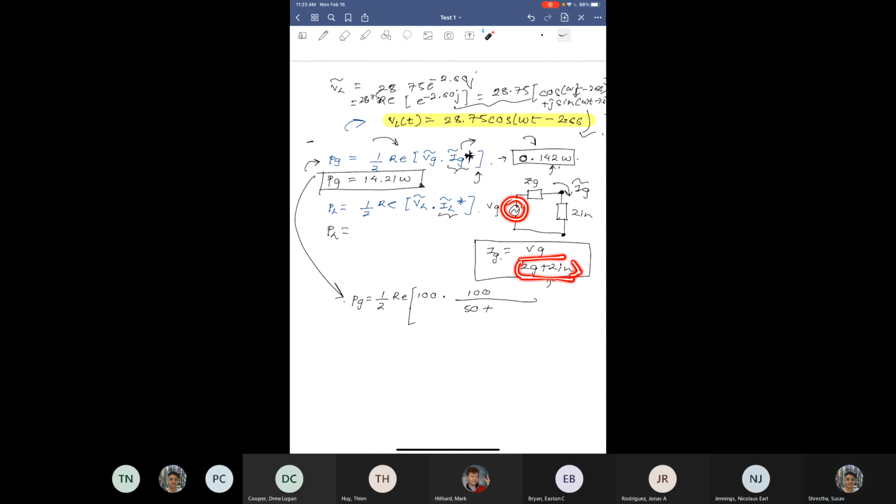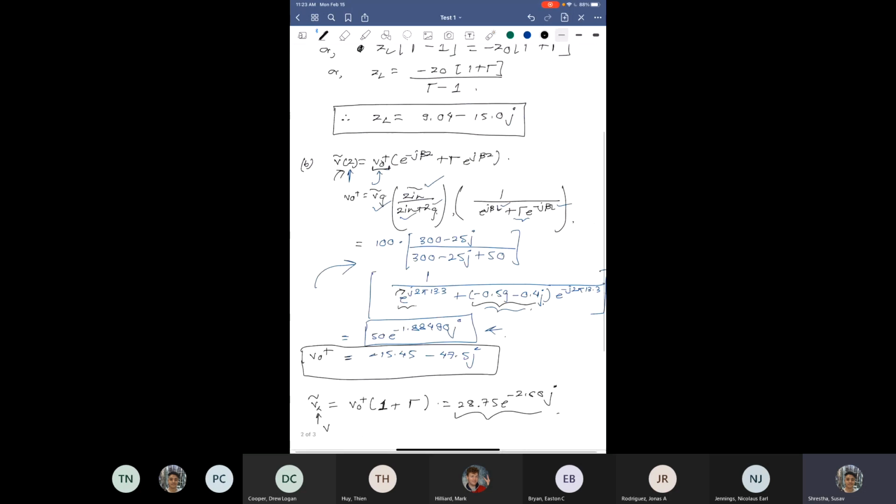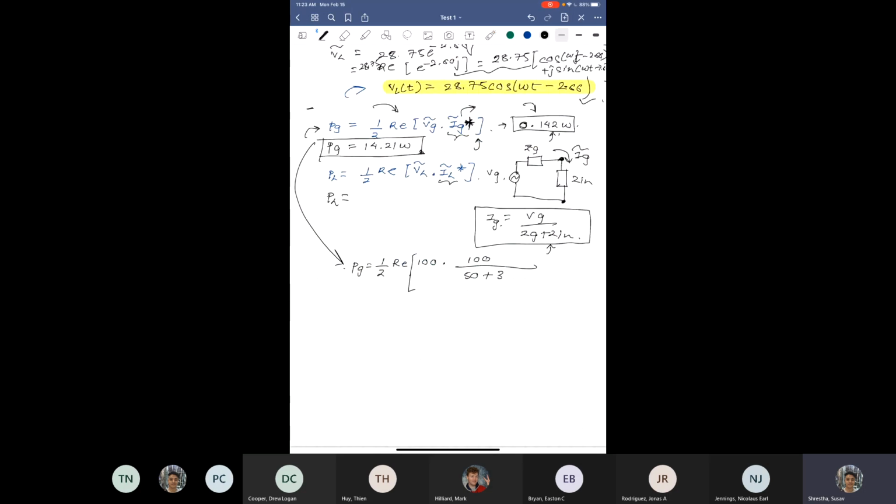Okay. I just apply this value again. Our current is the generator voltage, that's 100, over Zg plus Zin. This is 50, and Zin was, I keep forgetting it, 300 minus j25.